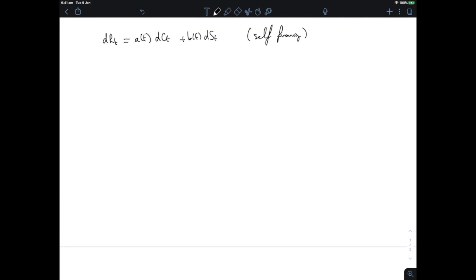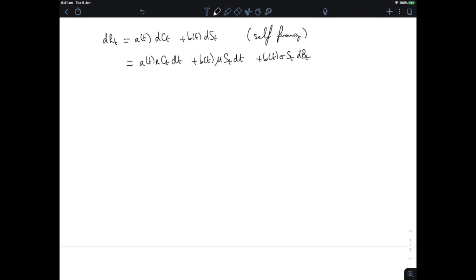Okay, but I also know what dC_t is and what dS_t is in terms of the Brownian motion and a dt, right? So what do I get? I get A_t times r times C_t times dt plus B_t, what is it? mu S_t dt plus B_t sigma S_t dB_t.